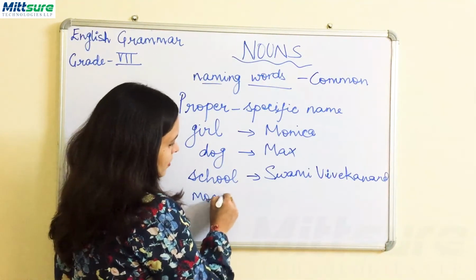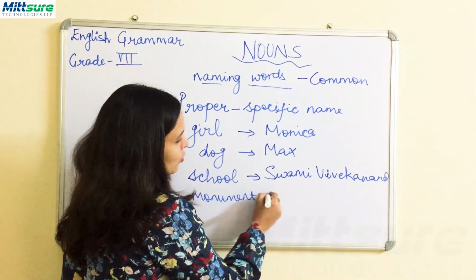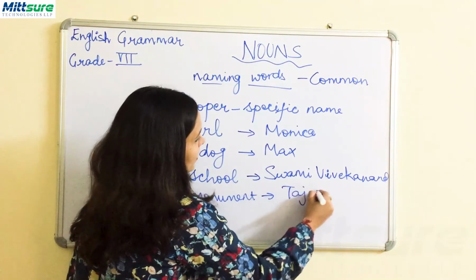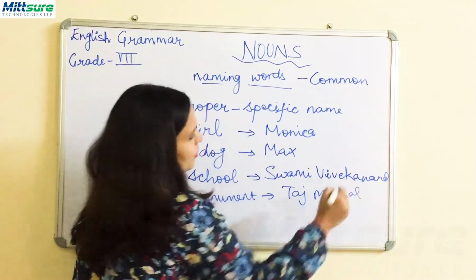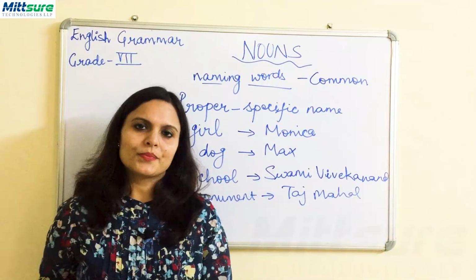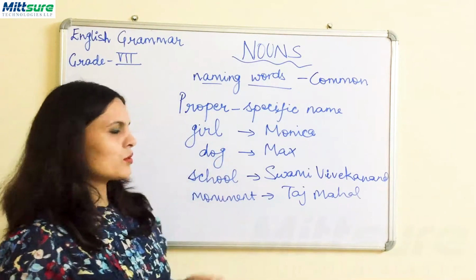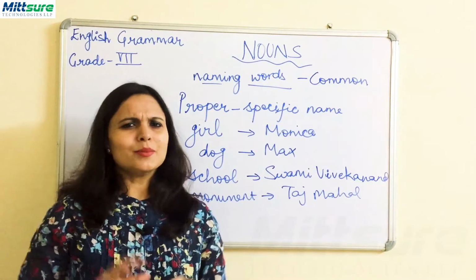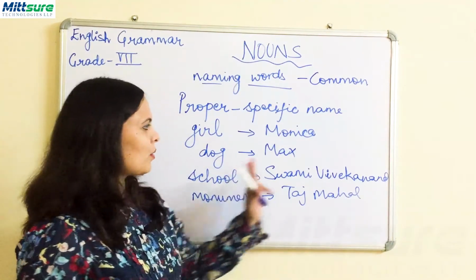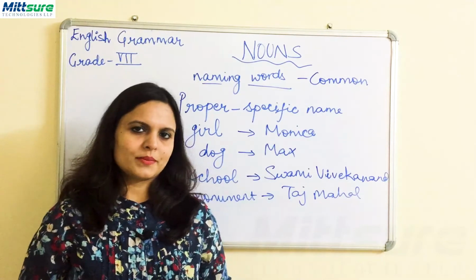Similarly, monument. And in monument, you have like Taj Mahal, right? So it's a monument, but it's given a specific name that becomes the proper noun. So this is a very, very simple difference between the common noun and the proper noun, right?